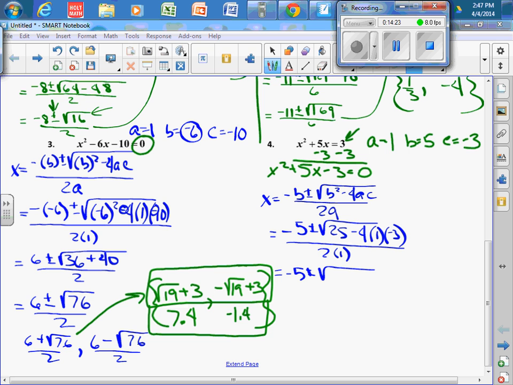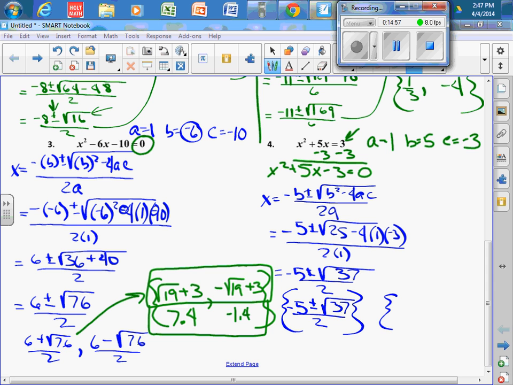So aren't we getting 37 there over 2? Radical 37 does not simplify, so you could keep this one written as negative 5 plus or minus radical 37 over 2. Nothing to simplify there. So we can keep your two answers in simplified radical form like this.